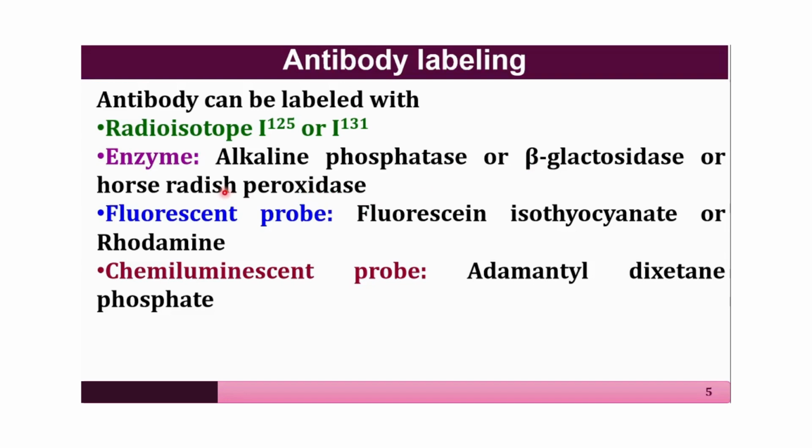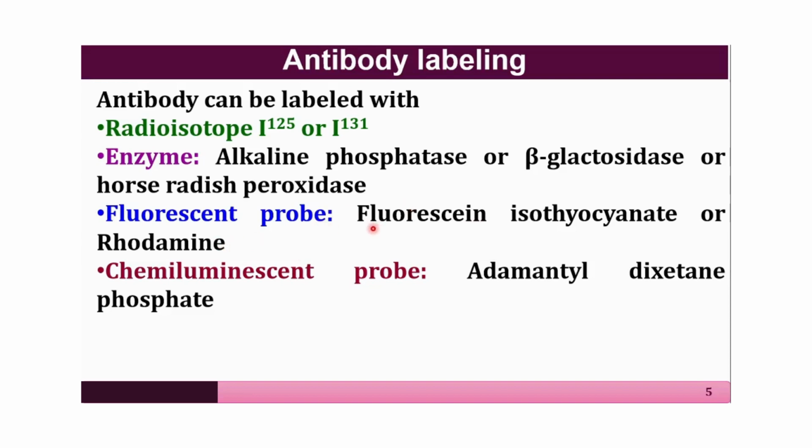The fluorescent probe, when used as an indicator, would consist of either fluorescein isothiocyanate, which shows fluorescence, or rhodamine, which is also another molecule which shows fluorescence.